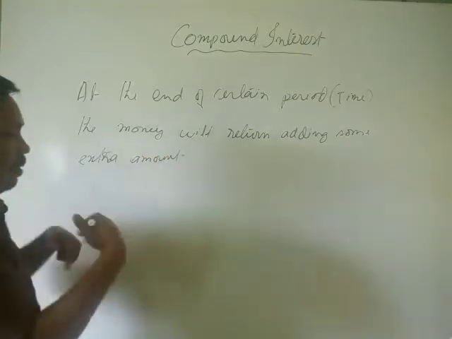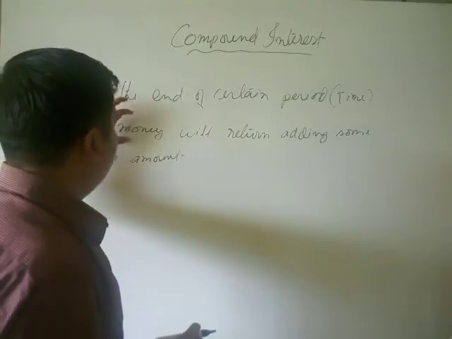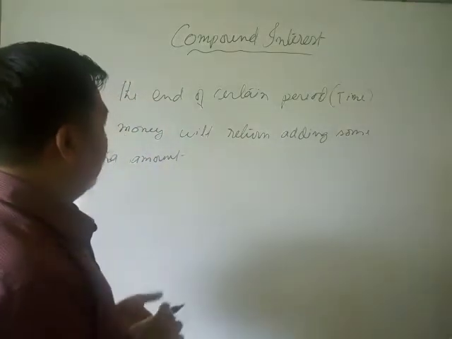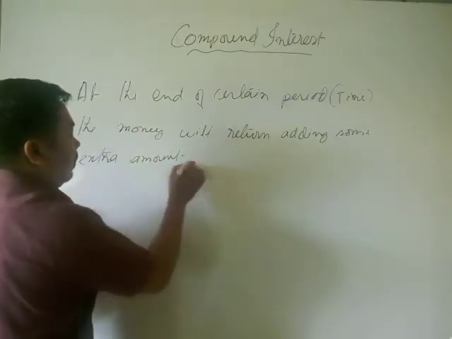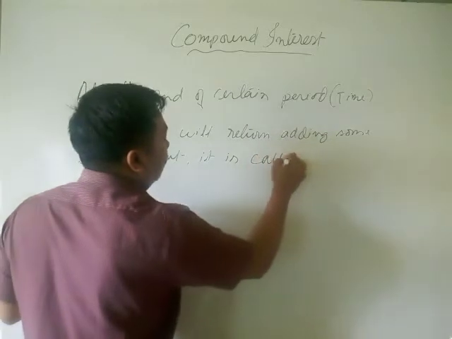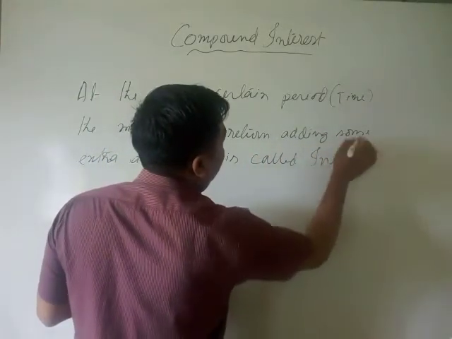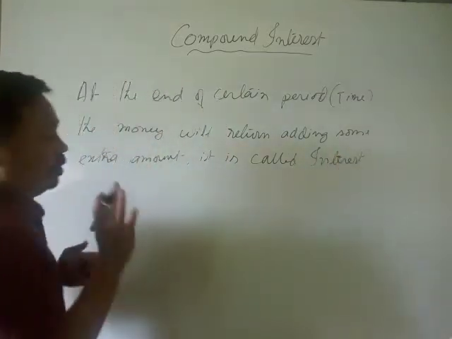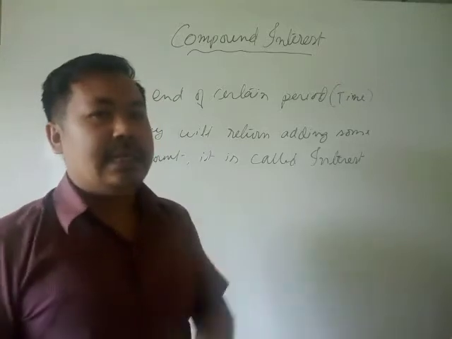Some extra amount will be added to the money you borrowed. That is called interest. The extra money that you add while returning is called interest, and interests are of two types.